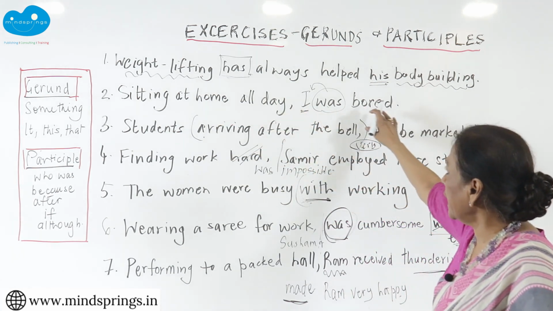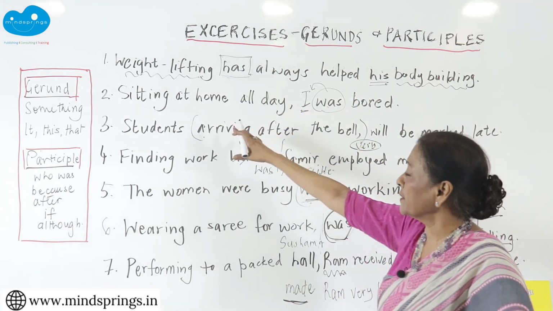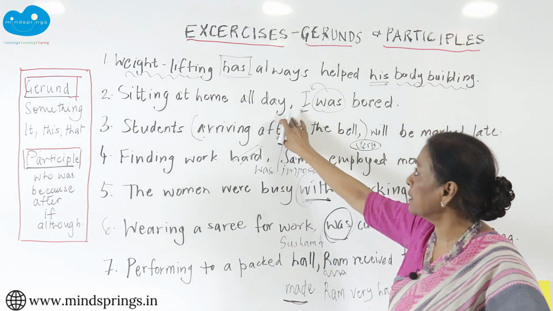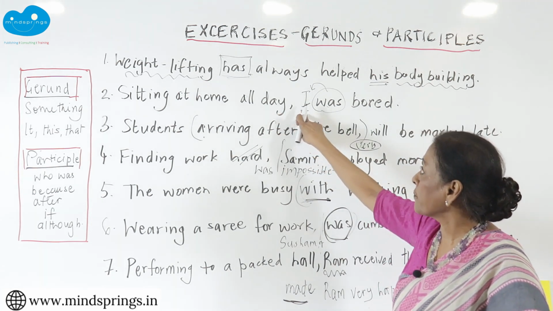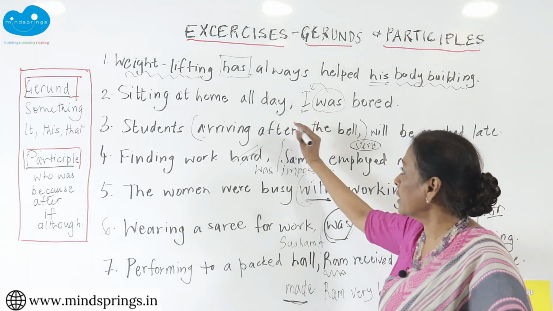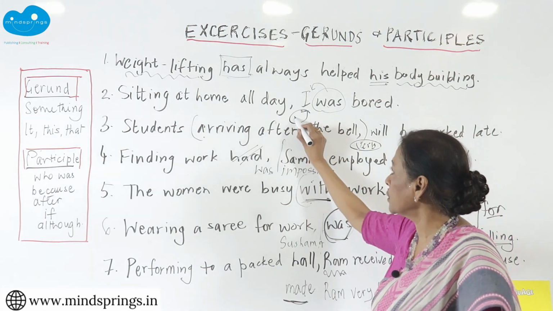Sitting at home all day, I was bored. Again, sitting at home all day, we said, was a participle phrase because it is telling you more about I. If I want to change it into a gerund, I will have to put a verb here. So what should I put?